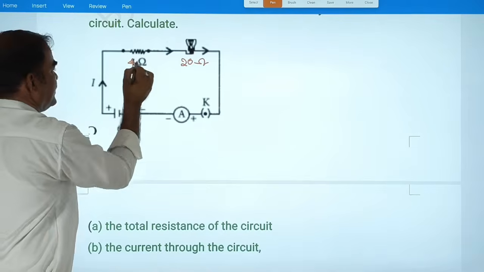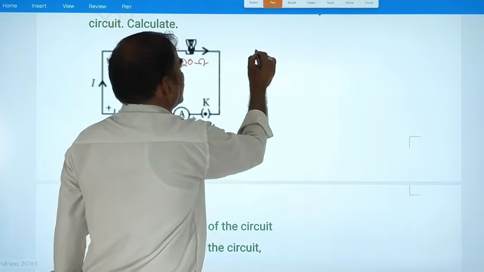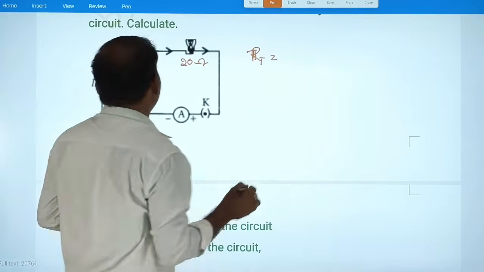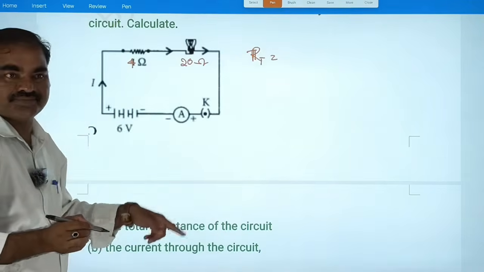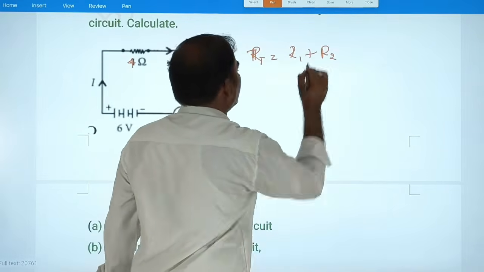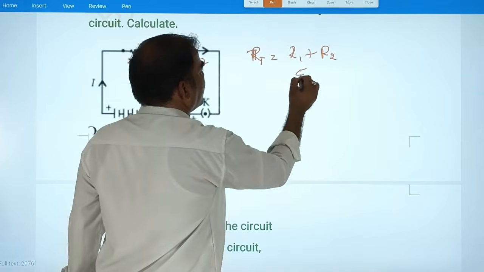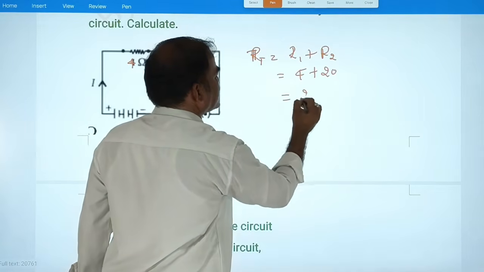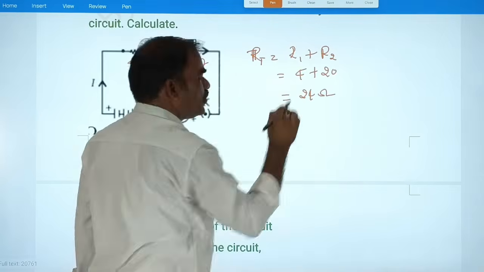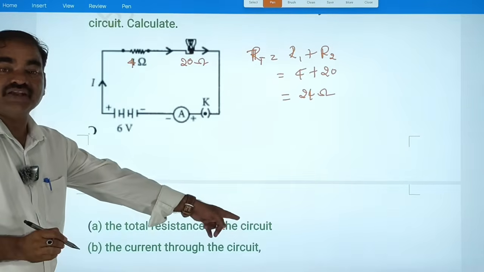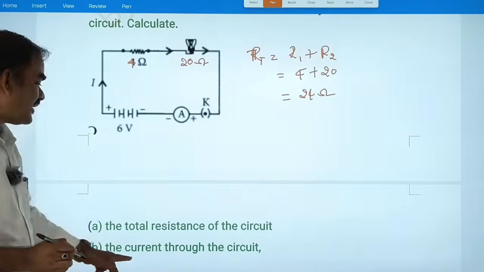Here the total resistance, since it is resistance in series, what can we write? R1 plus R2, which is 4 plus 20. We are going to get 24 ohms. The total resistance of the circuit is 24 ohms.